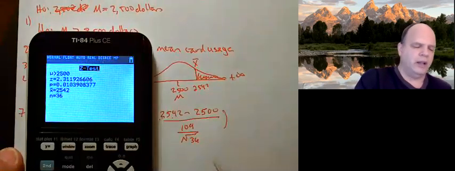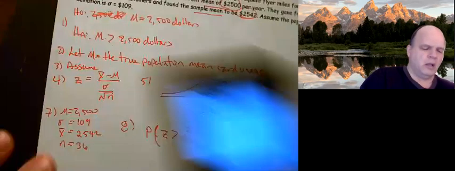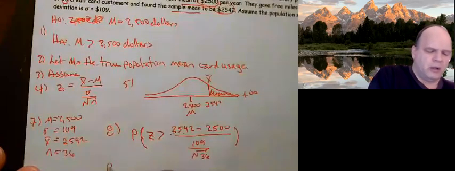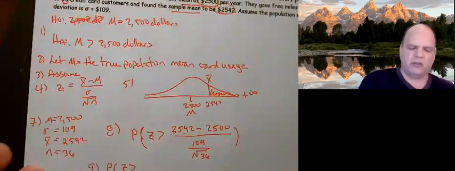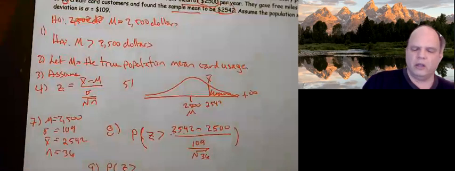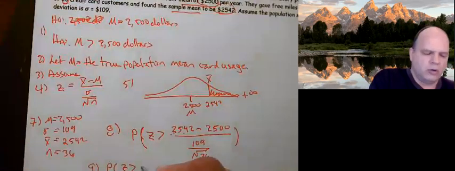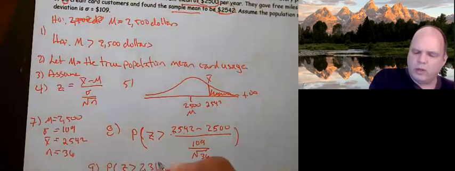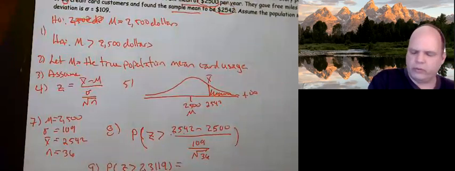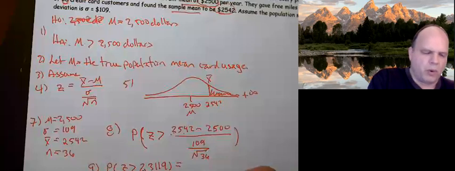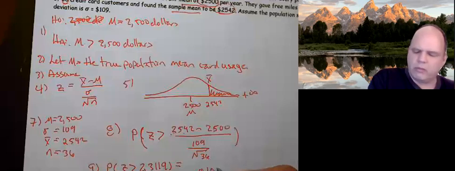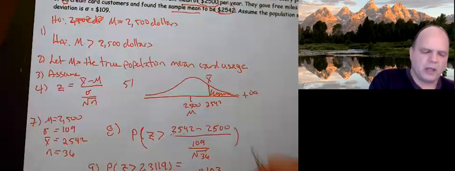So this is number 9: the probability that Z is greater than 2.3119 equals 0.0103. So this is my p-value.